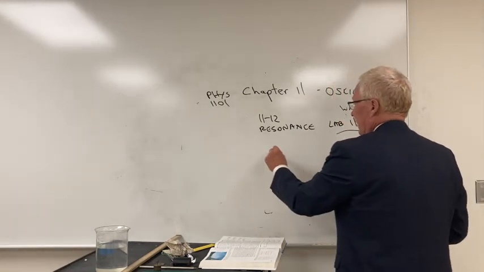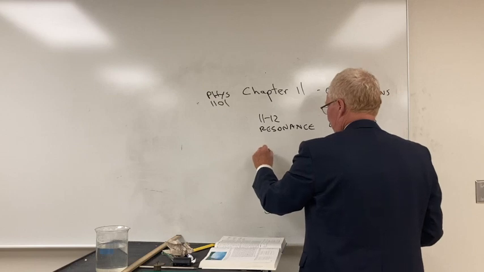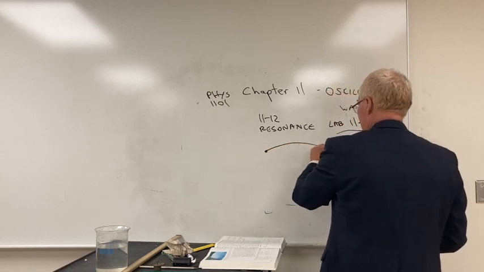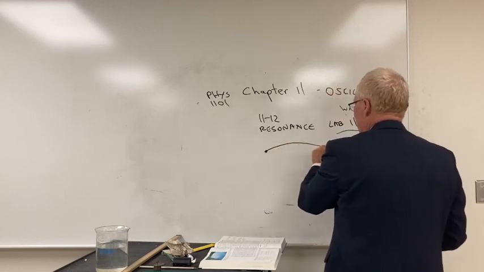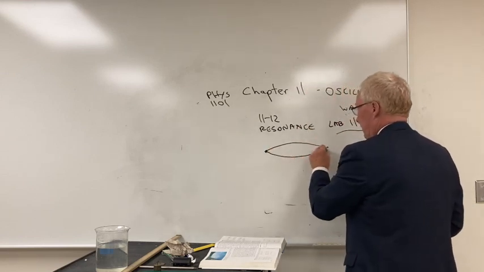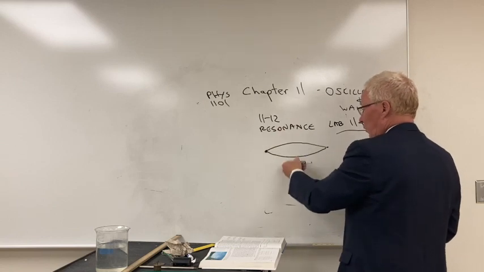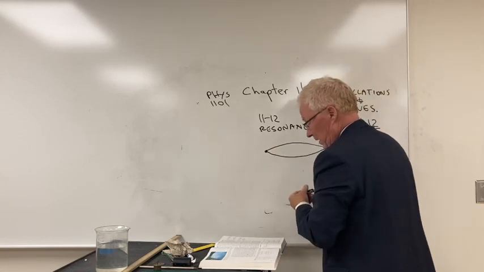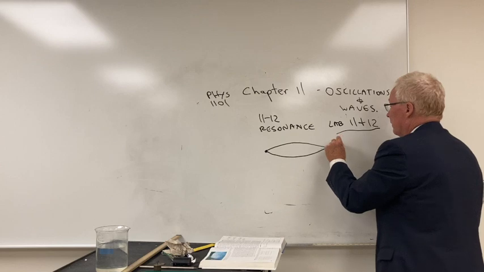So what we have here is a string fixed at both points, and we somehow vibrate it. It'll vibrate up and down. This is the lowest, it's called the fundamental frequency.